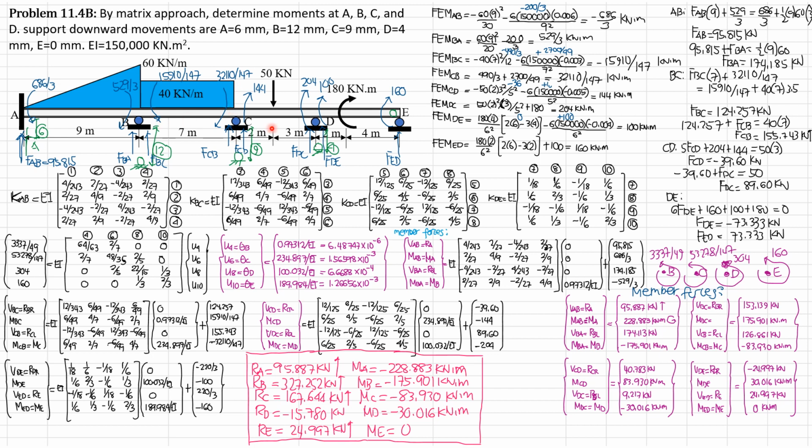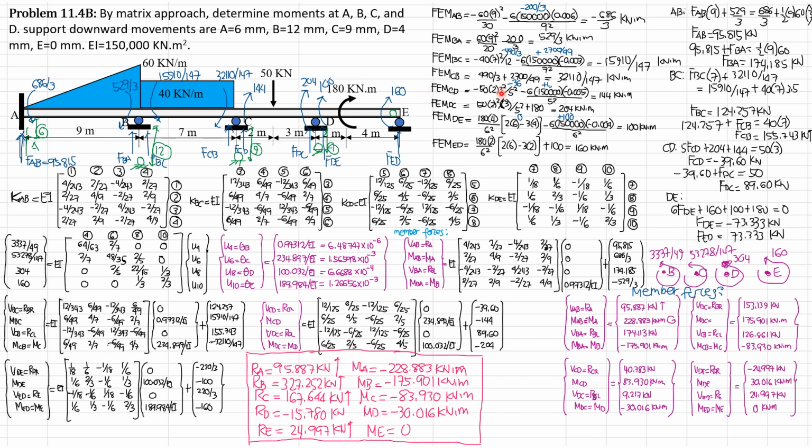Next, for CB, due to the load, it is positive 490 over 3 because of symmetry. Then due to the support settlements 2700 over 49, combined 32110 over 147 positive, so it is clockwise as shown.